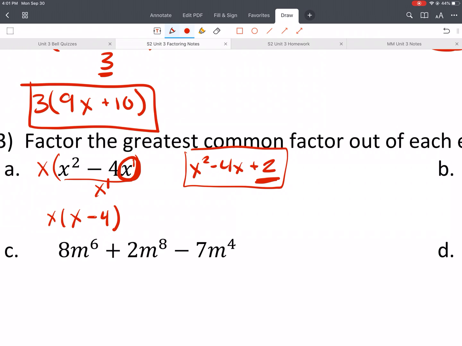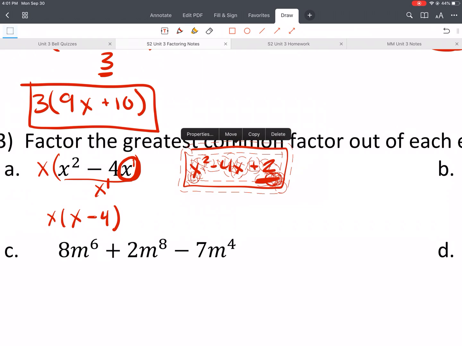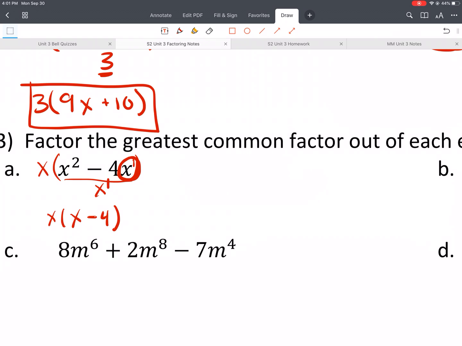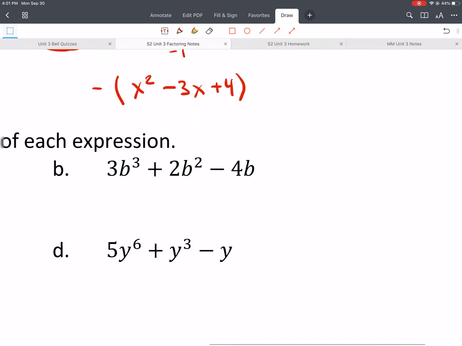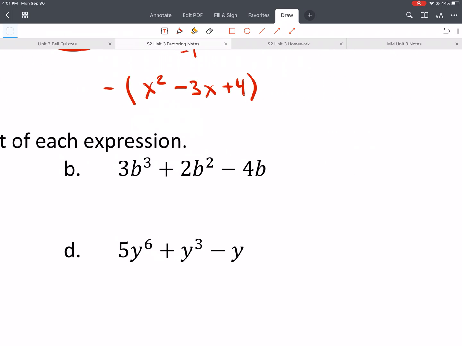For what we've covered so far, that would be finished. So just remember, the greatest common factor for the variables, if it's in standard form, will be the thing that's the most right, the smallest exponent.